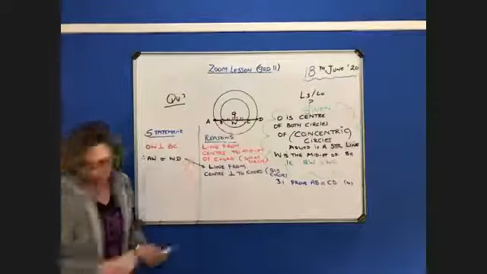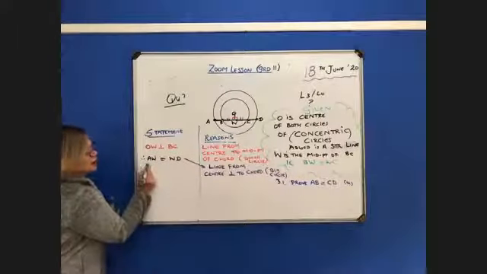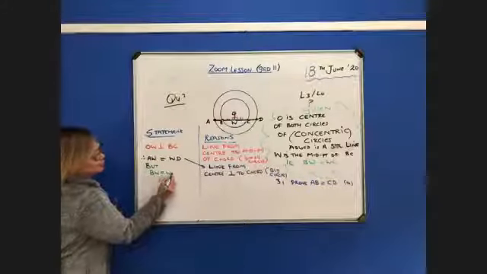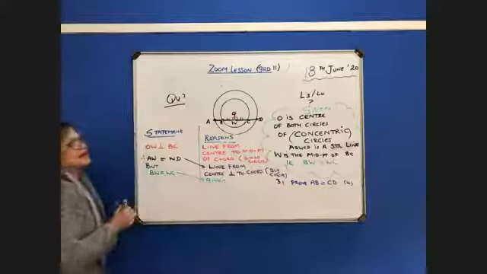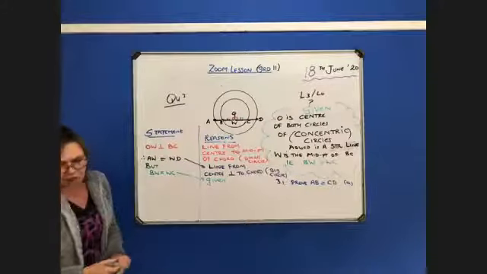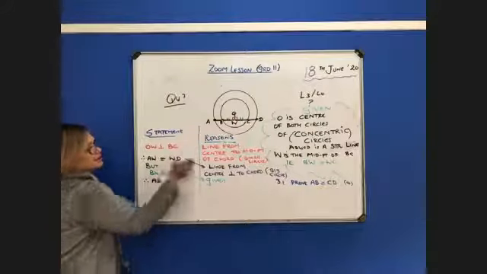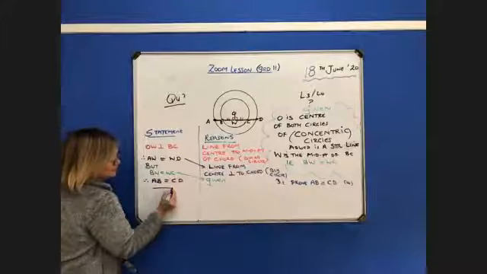So I just need to backtrack and say, if you remember, we know that BW equals WC, given, and therefore I think it's quite logical we can conclude that the part from A to B would equal the part from C to D.